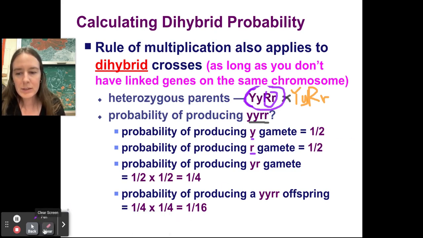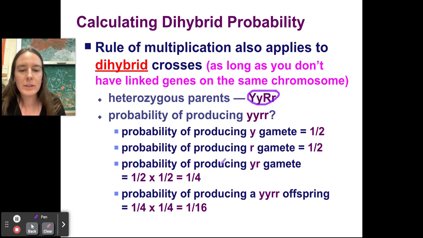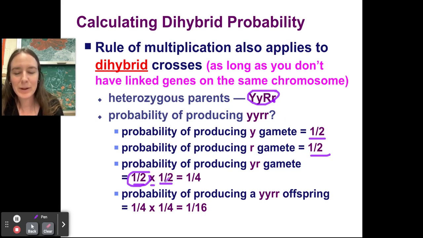So for this parent, what's the probability that you're going to have the little y from the dad and the little r from the dad? That's why we set up this equation. The probability of getting the little y from the dad is 1/2, and that's why you multiply. The probability of getting the little r from the dad is 1/2. And so in total, the probability of getting the little y, little r gamete from the dad is 1/4.